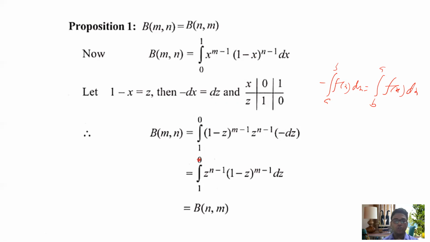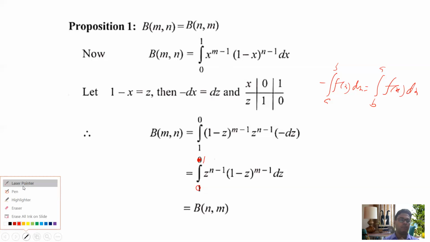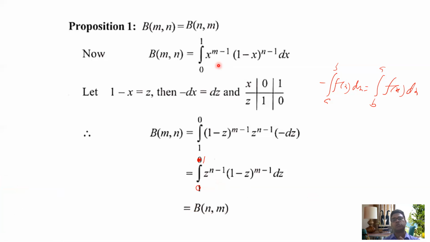Because the minus sign is absorbed, the limits should be 0 to 1. So this is nothing but a beta function type. You may write it as beta nm, because now you have z to the power n minus 1 into (1 minus z) to the power m minus 1. So beta mn or beta nm are both basically the same. Suppose by chance you replace m by n or n by m, ultimately you will get the same result.